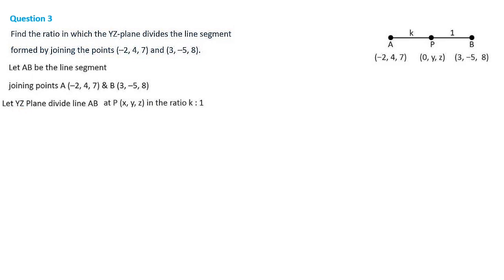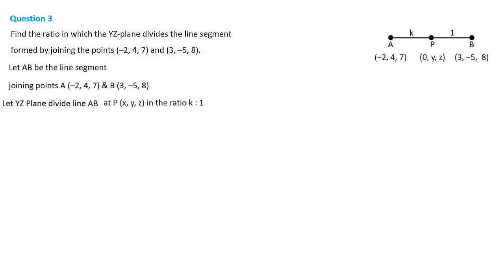For the YZ plane, you must know its coordinates. YZ plane means there is no x here, that means the x coordinate will be 0. So (0, y, z) is the coordinates written here. Since this point is on the YZ plane, the x coordinate will be 0 because the x axis has no connection with it.